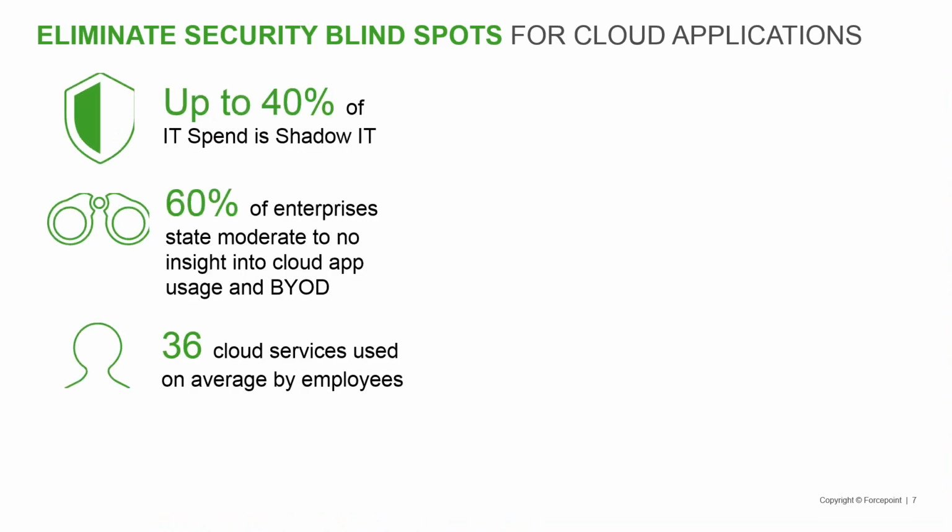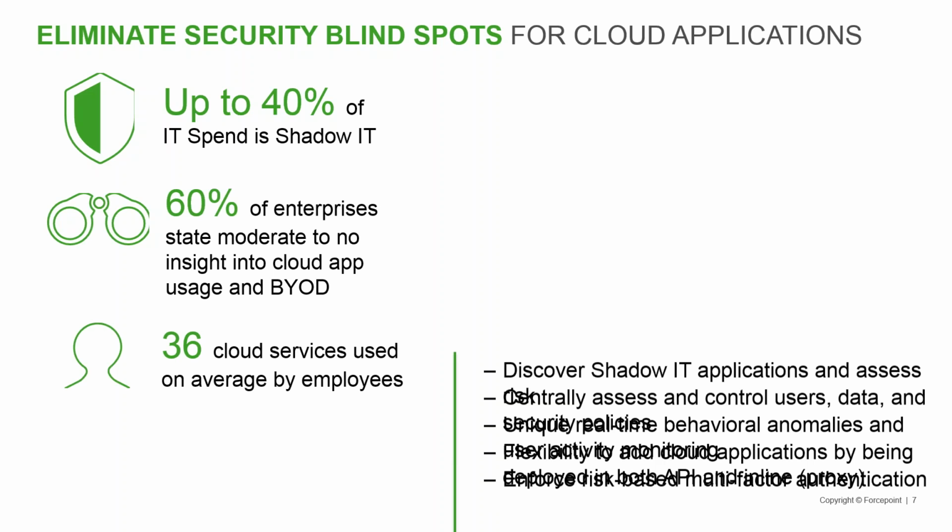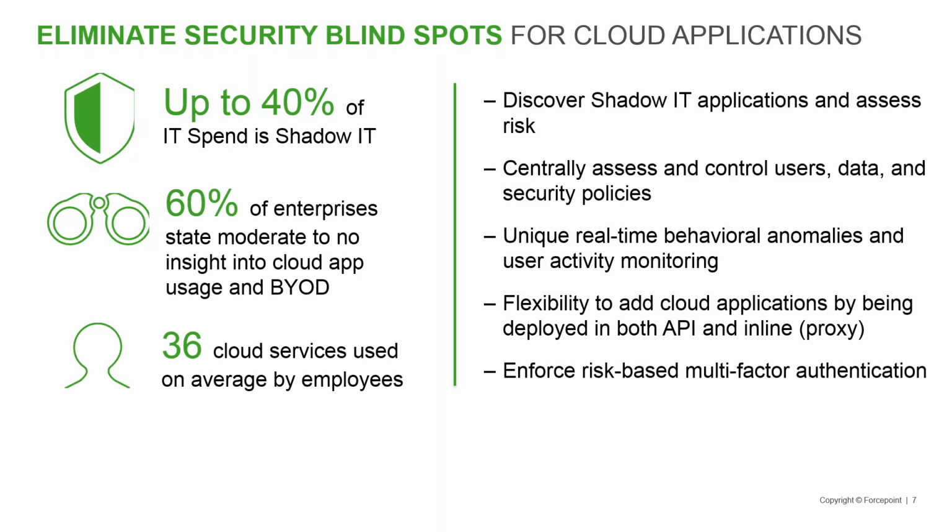So really, what we end up with is a load of blind spots within your organization. You don't know what's being used, you don't know who's using it, you don't know what the risk associated with those is, and even things like data. How much of your key data is stored within those applications? If you were to suddenly leave that application, what would happen to your data? Is it deleted? Do they retain it?